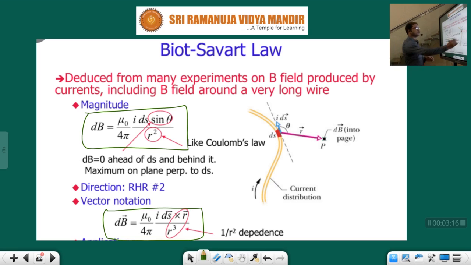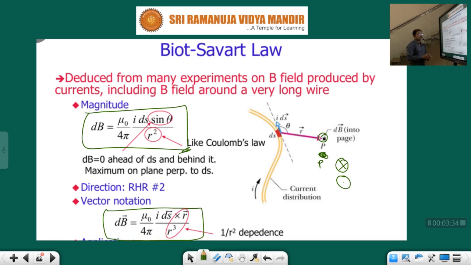Whether the magnetic field at point P is inwards or outwards, we need to find. In the last class we derived dB equal to mu naught by 4 pi, I dl sin theta by r square.